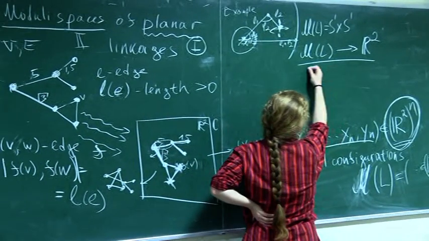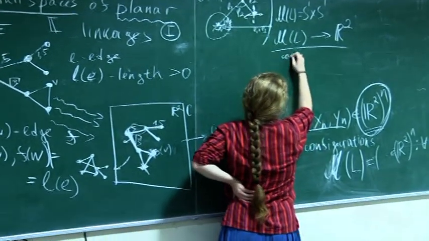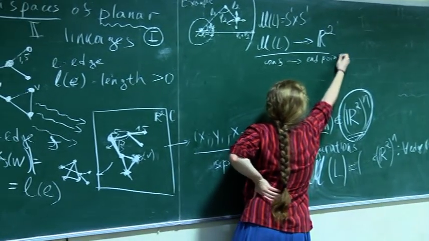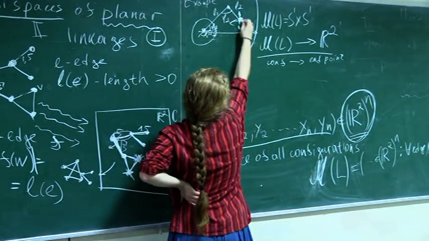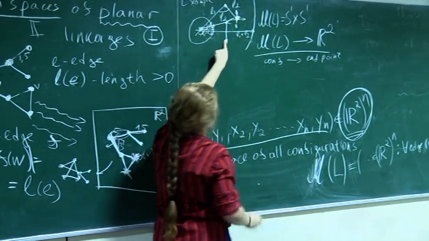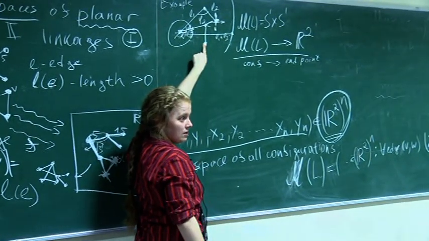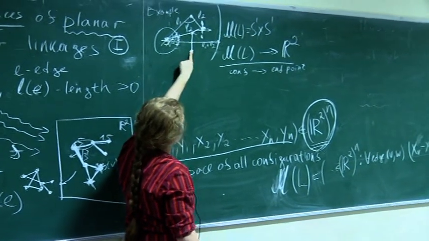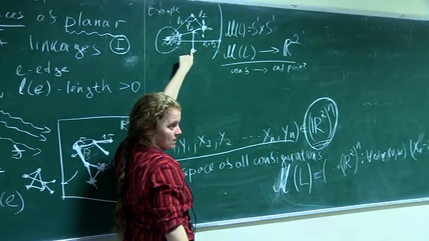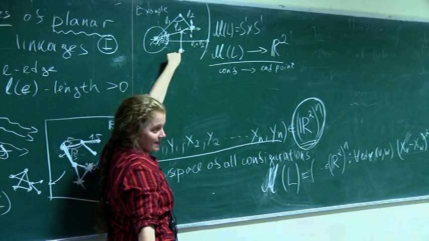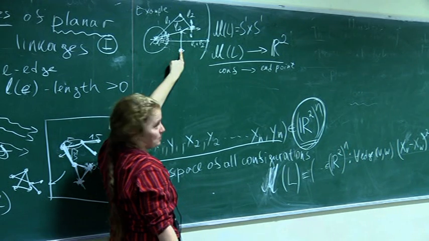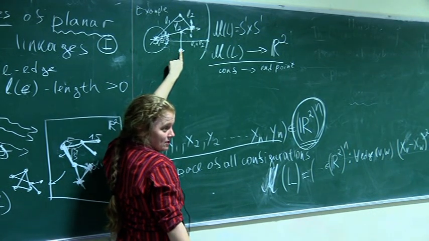So this from a configuration to its endpoint. So if our endpoint is somewhere inside the annulus, what is the pre-image of this map? So what configurations correspond to an endpoint like this? Well, how many configurations can we have with our robot arm if our endpoint is situated here.